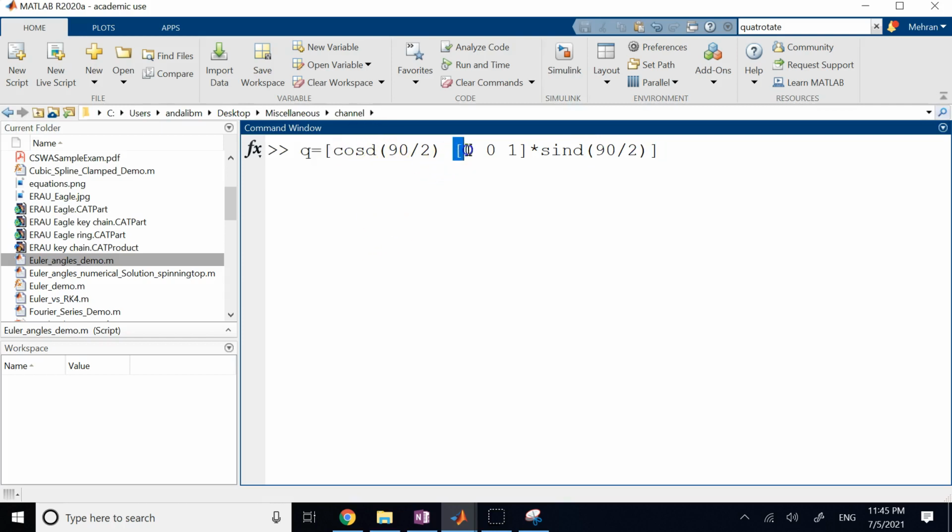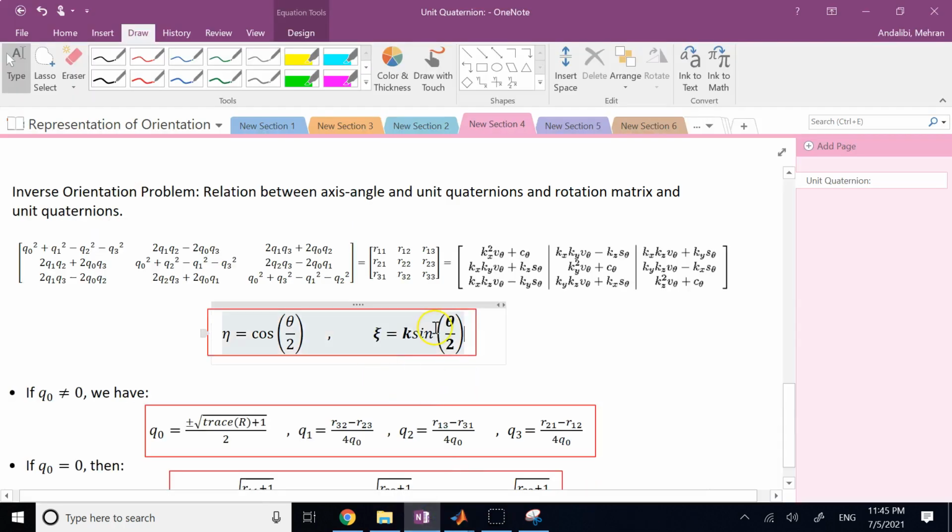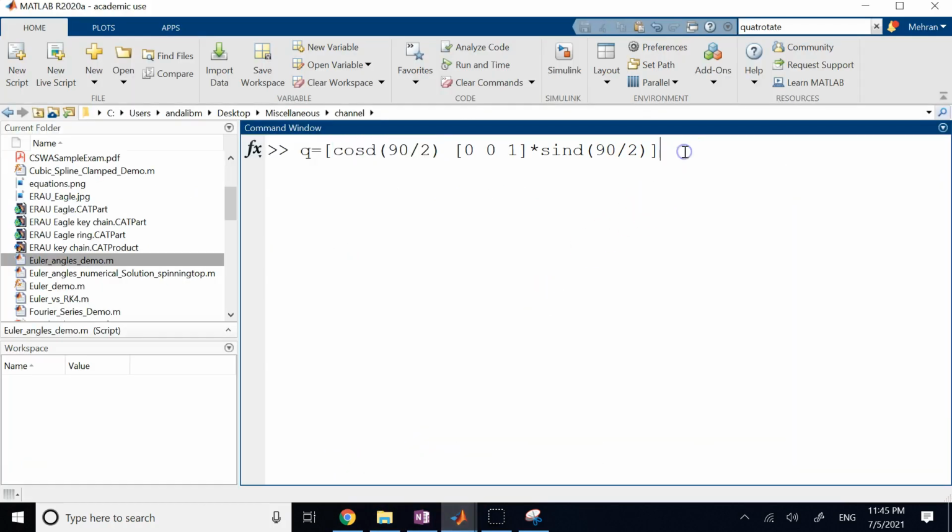So this is my zeta, this is my eta, based on these formulas. That quaternion should represent a rotation of 90 degrees about the z-axis. And here is that quaternion.